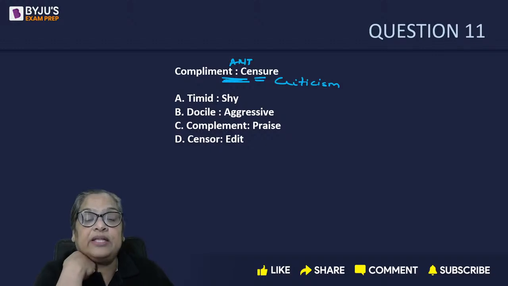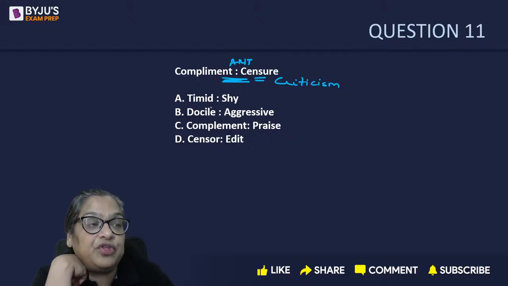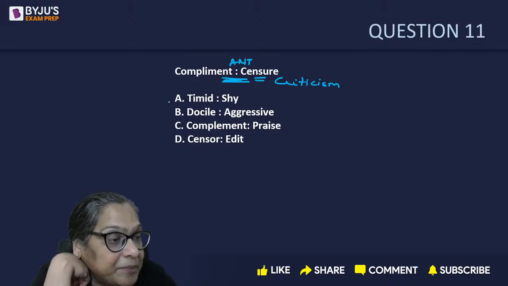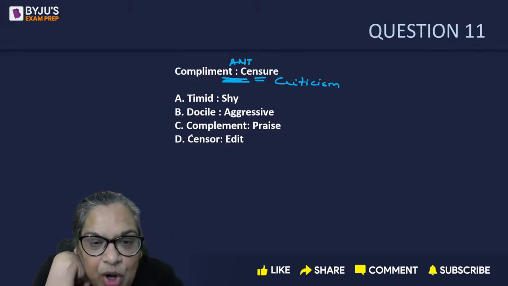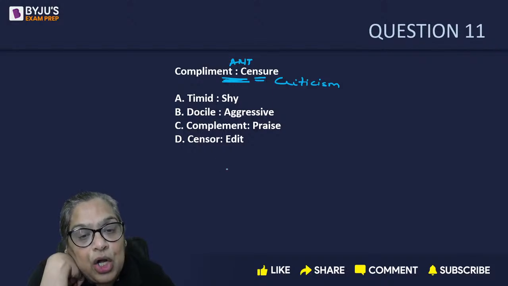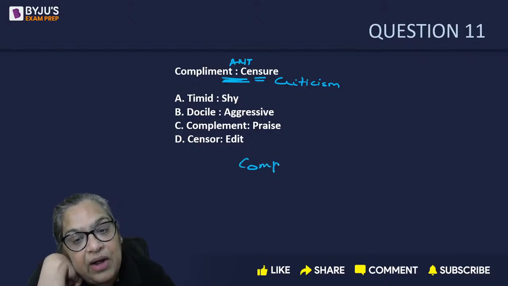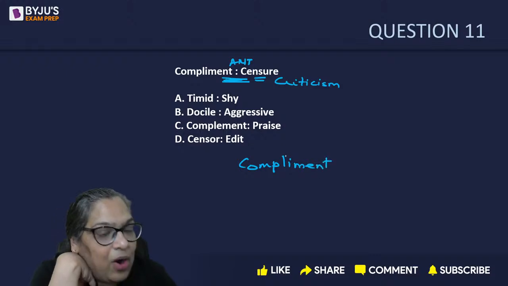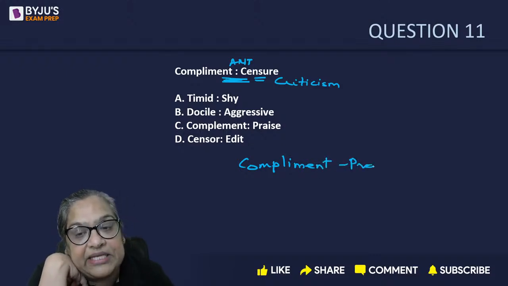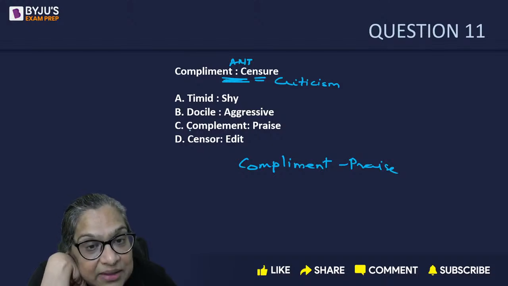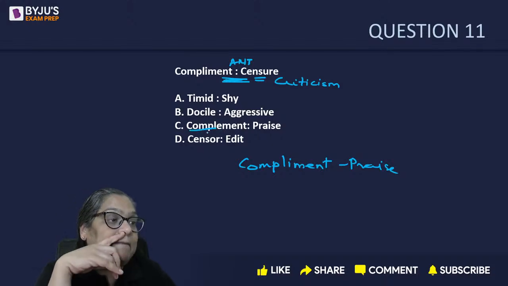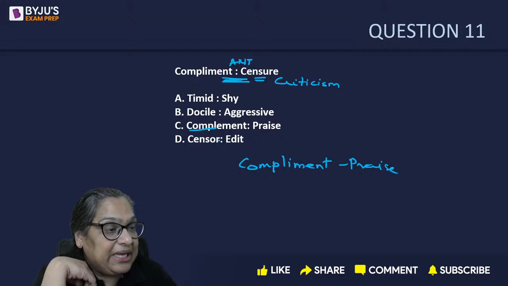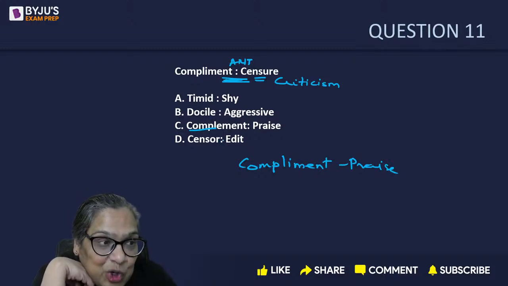So let's look at the options and see which one of the options is a pair of opposites. Timid is to shy. Stable, see what you said. This compliment, COMPLIMENT, compliment means praise. Okay. Now this other complement, COMPLEMENT, does not mean praise.